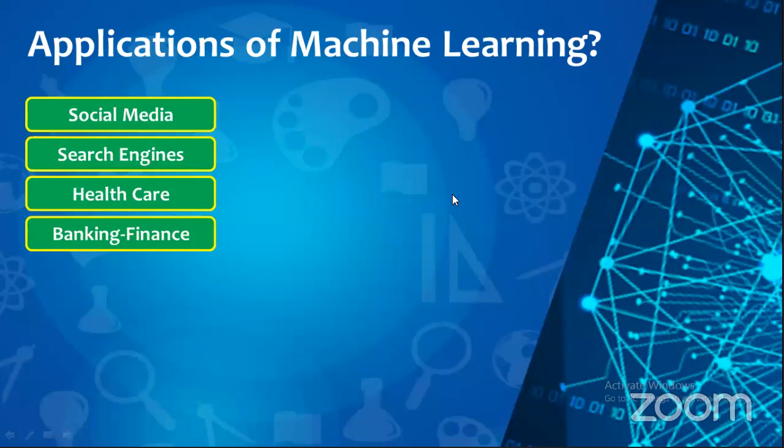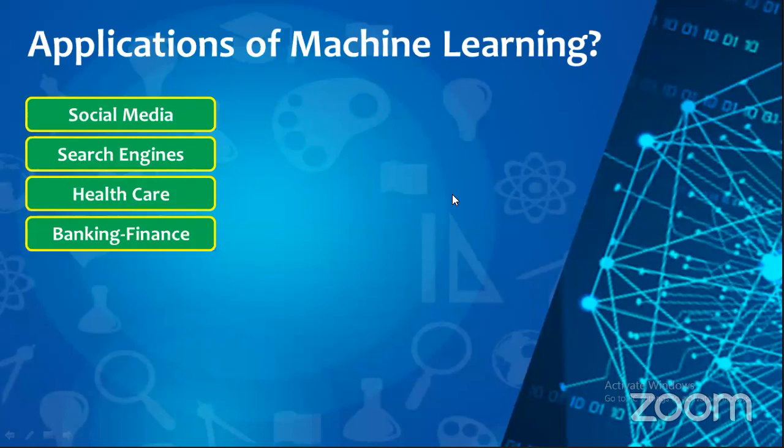Yes, banking and finance. In banking and financial sectors, definitely there is a lot of machine learning. Which age group people are most present? Which age group people are taking more insurance? Which age group people are less present in our bank? Financially, which age group people are earning more?